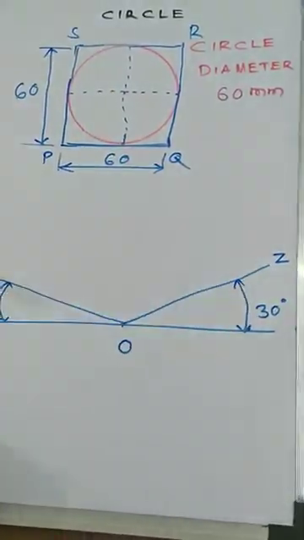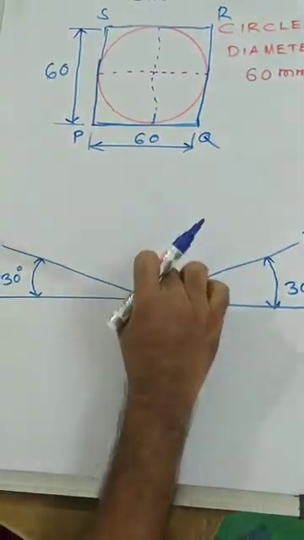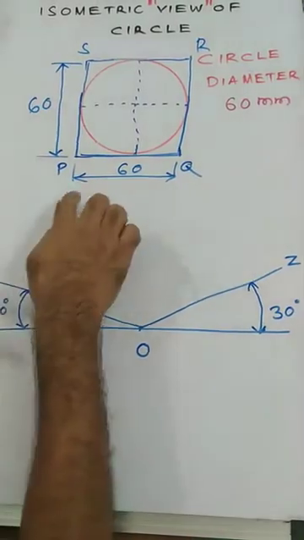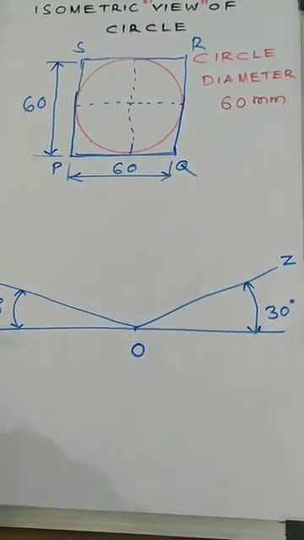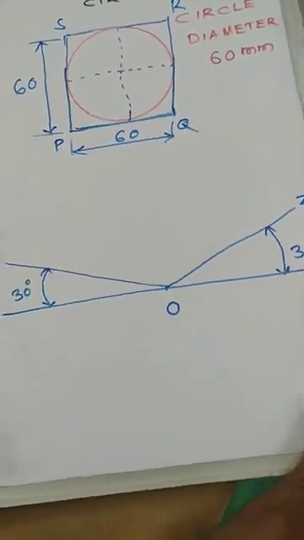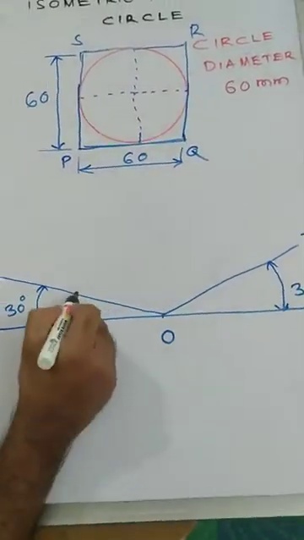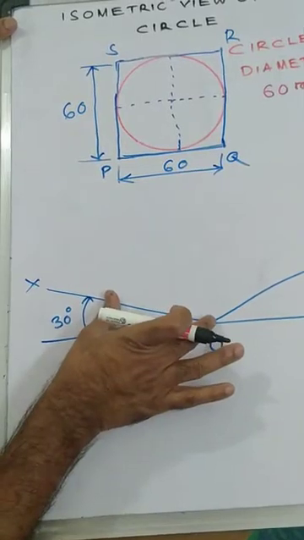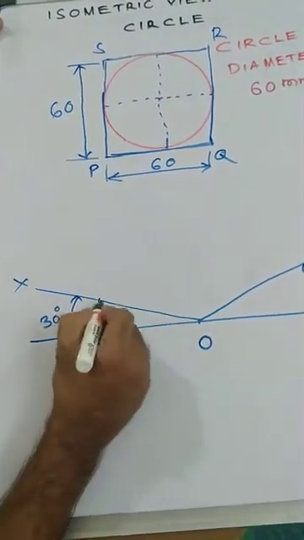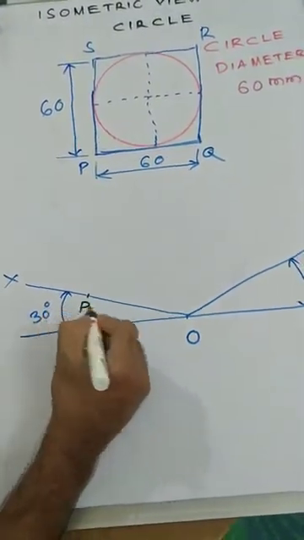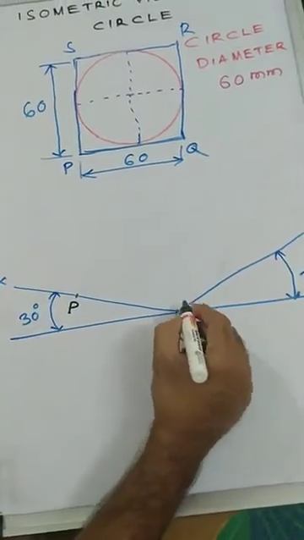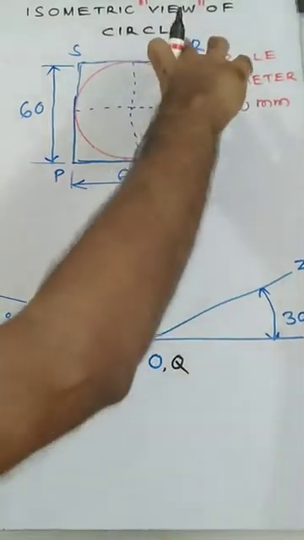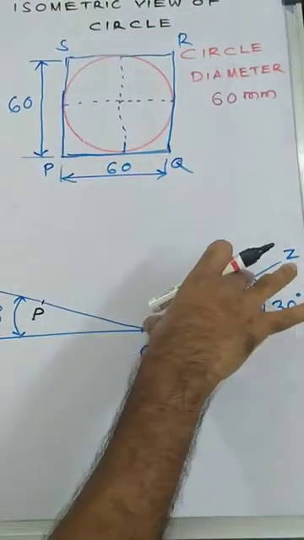Now we are not considering height. In terms of Z, it is width. OY is going to be there. We will consider it as height. Now PQ is going to be how much? 60. This length, by using a compass, I am locating. This is PQ, QR.